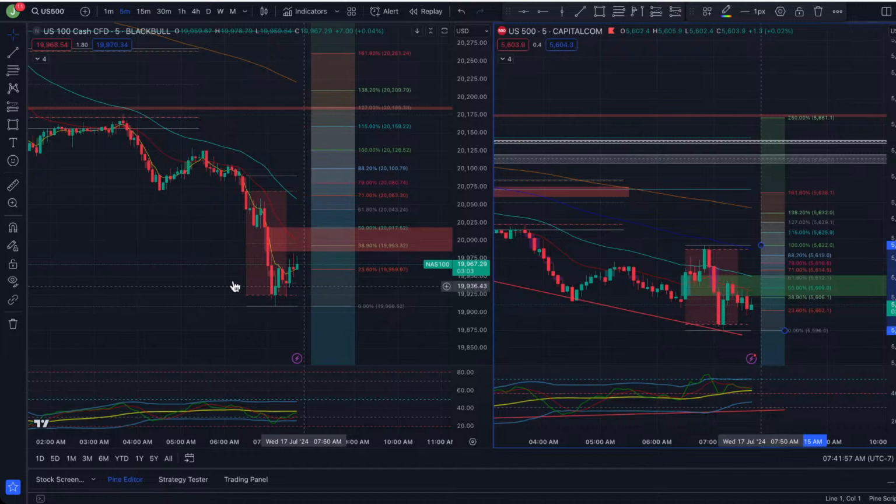Still just patiently waiting. As mentioned before, we want to see NAS get up into the golden zone. And US 500 seems to be already rejecting. So just waiting for confirmation on either of these.